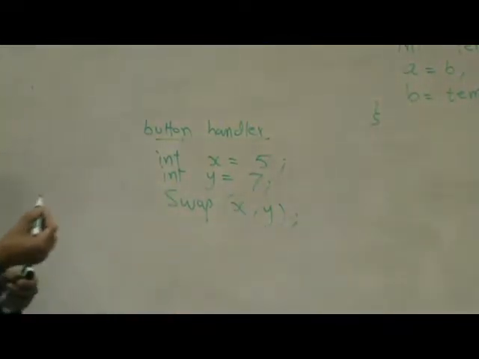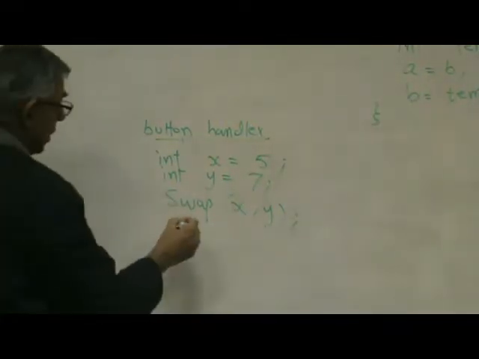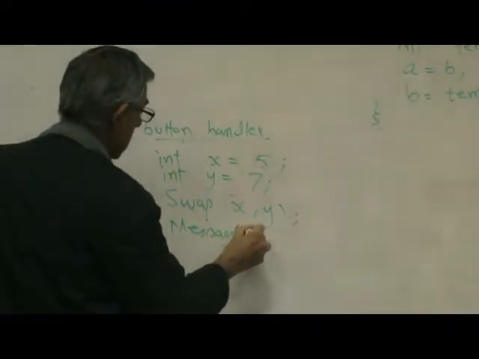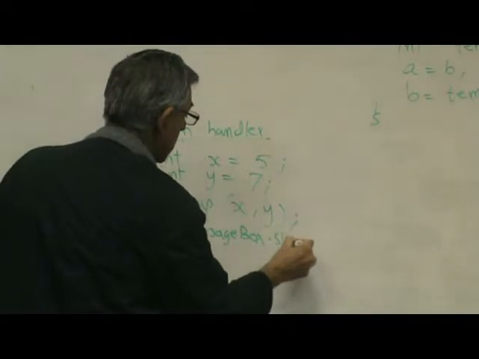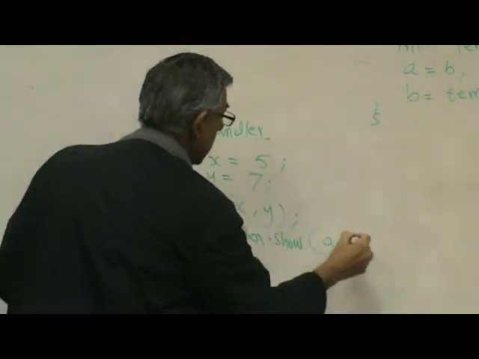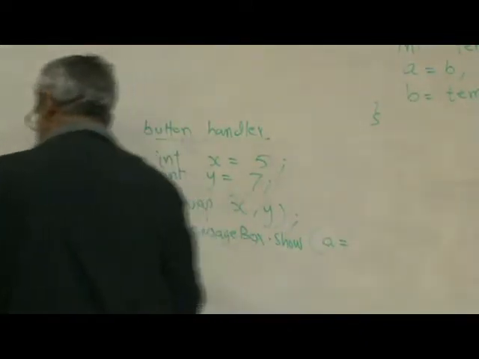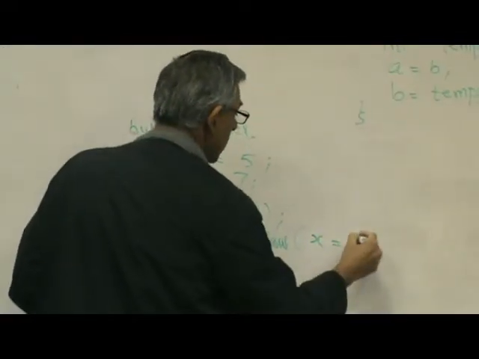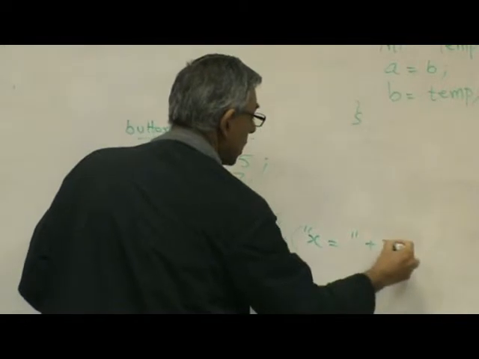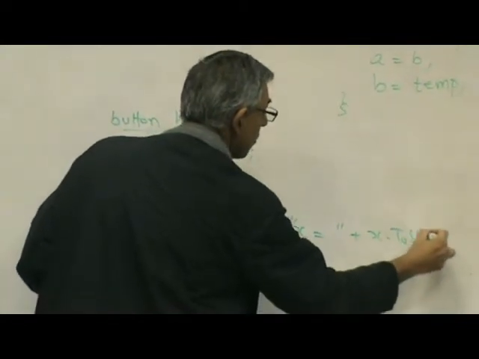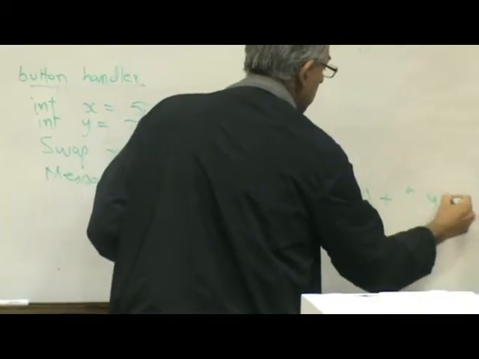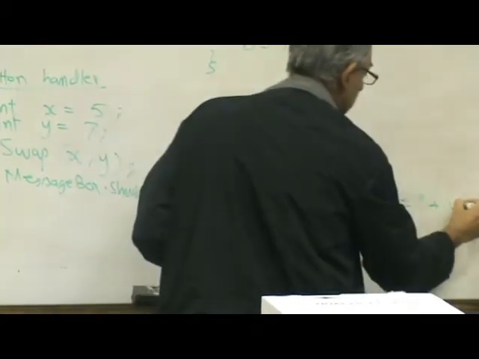Then you'll try to print out the values, whatever message box you show: x equal to plus x.ToString plus y equal to plus y.ToString.